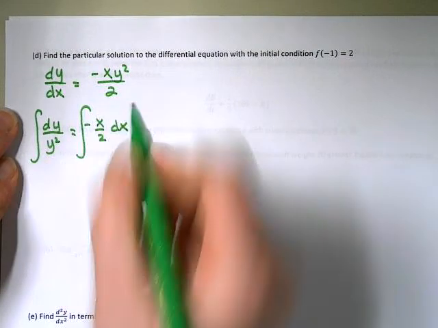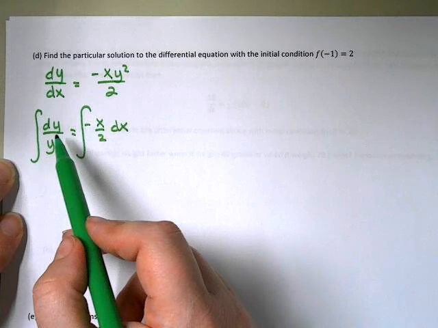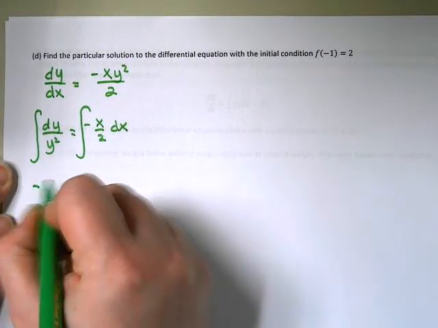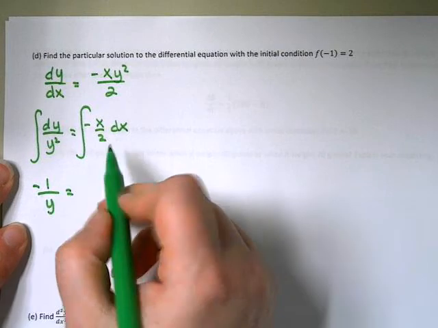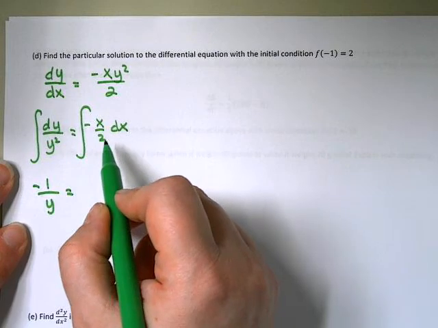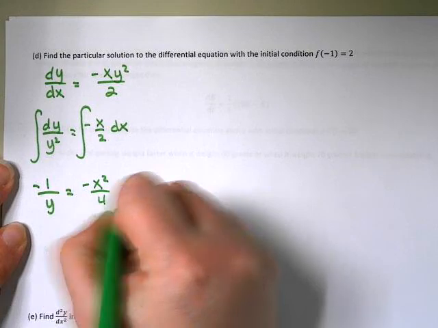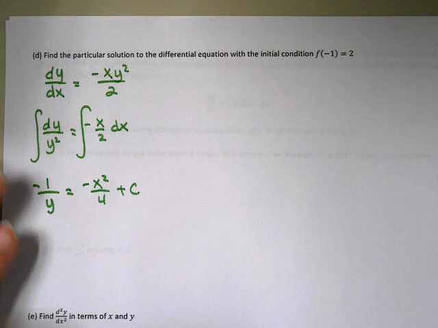All right, and now we're going to do the integral. So hopefully we're getting better at the fact that dy over y squared, the antiderivative of that, would be negative 1 over y. And then the antiderivative of negative x over 2 would be negative x squared over 4 plus c. And so now we're going to go ahead and solve for c.